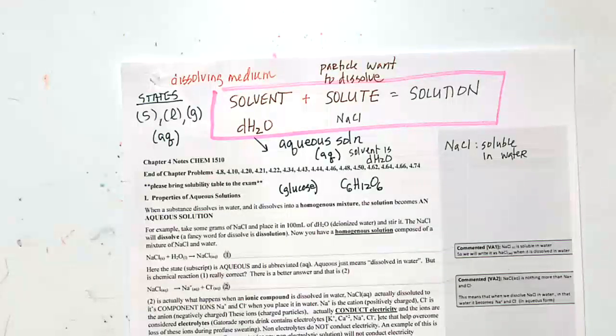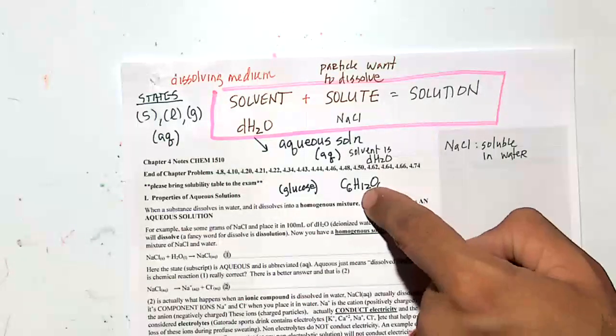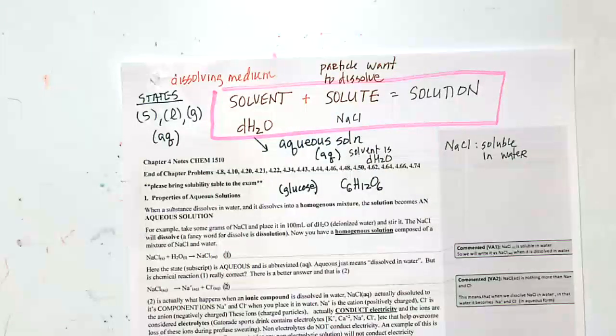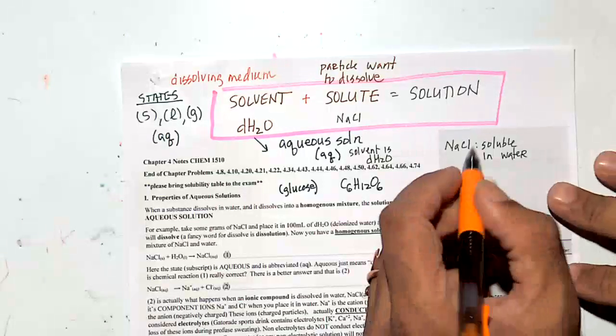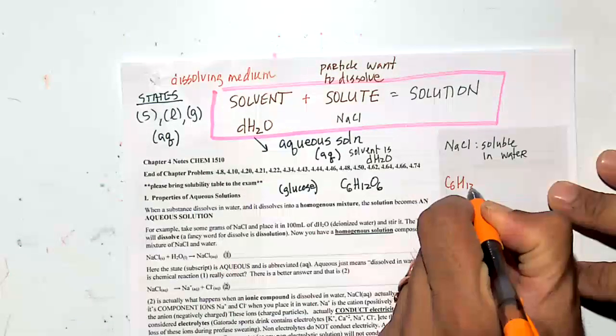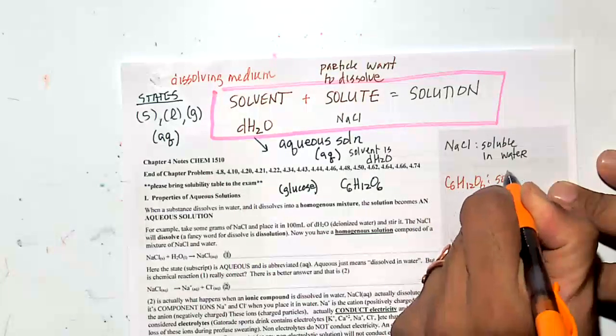So I made two solutions. Do you agree with me? They both dissolved. This is dissolved, though it looks a little cloudy, but it's dissolved. And this has definitely dissolved. Do you think sugar or glucose is soluble in water? It is soluble. So glucose, C6H12O6, is soluble in water.